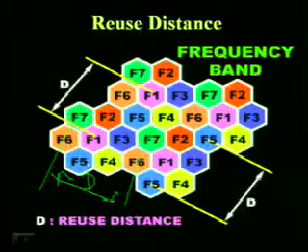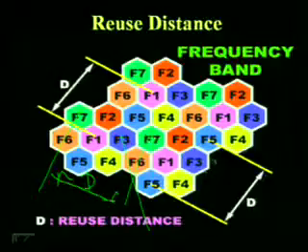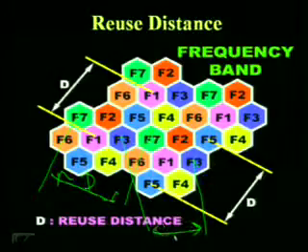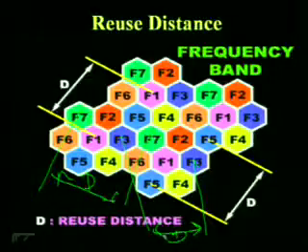Say we take F3, one F3 is here, another F3 is here. So, this is the reuse distance. Two cells which have a fixed distance have equal frequency and the same number of channels of the same frequency; they are called the reuse channels.